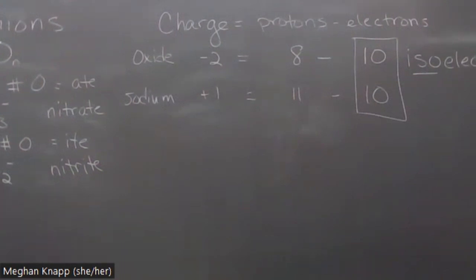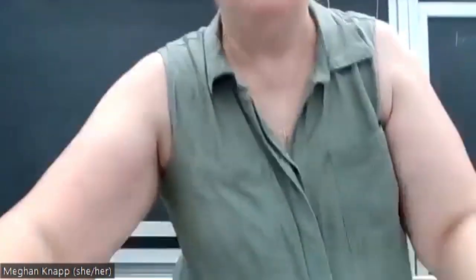All right. So as I said, iso is a prefix meaning the same. So an isotope is also the same. What the heck is a tope? In this case, it is an element.